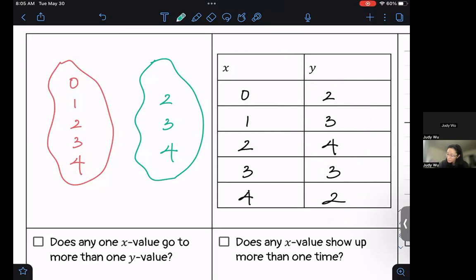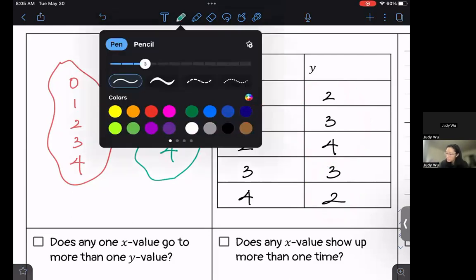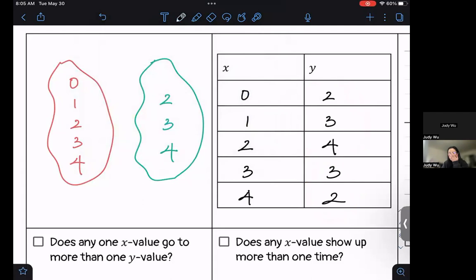Okay. And then I need to draw the arrows, right? This is not a complete mapping diagram. I need to draw the arrows to make sure that I've got the right coordinate pairs. So 0 goes to 2, 1 goes to 3, 2 goes to 4.